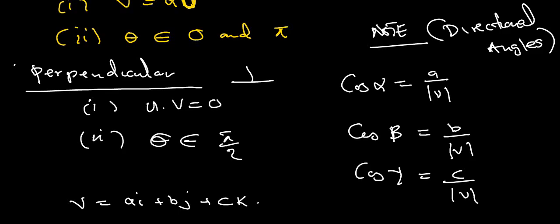Let me give you an example here, and I want us to have a proper example as soon as I'm done with these last properties. The last thing we're going to talk about is projections.